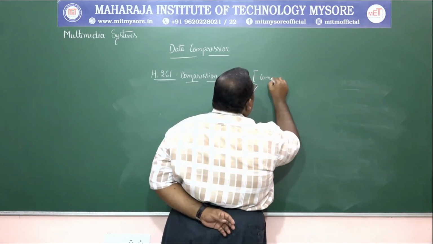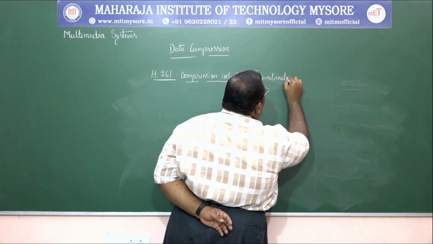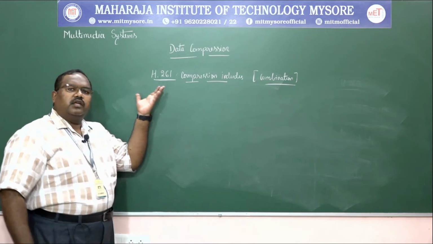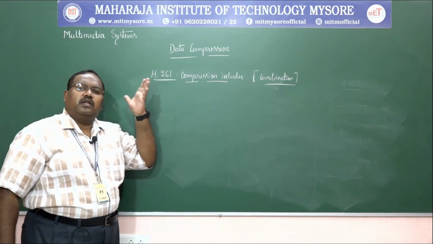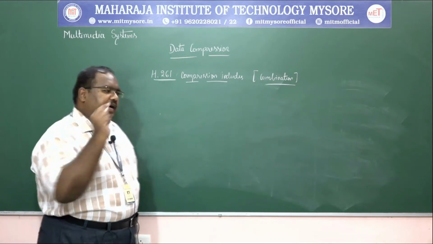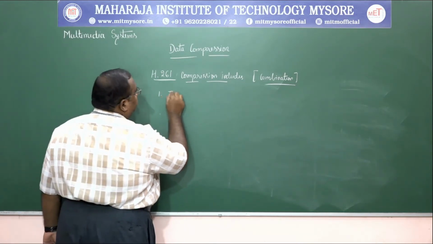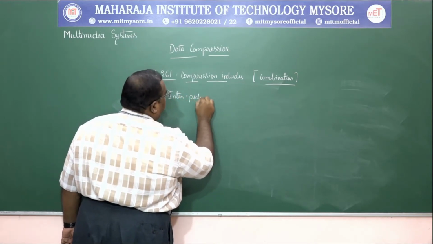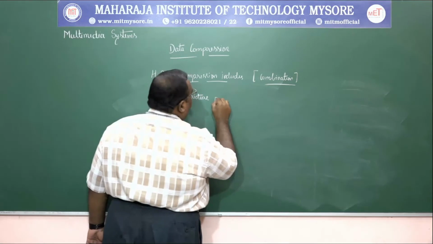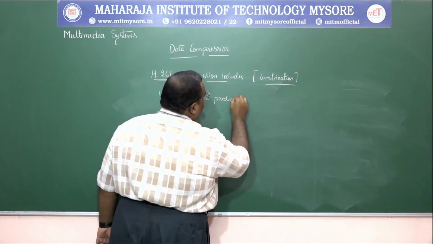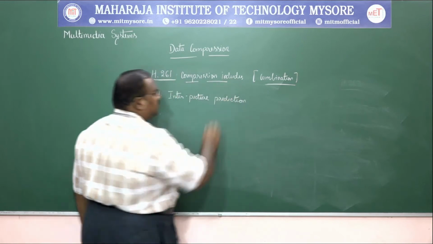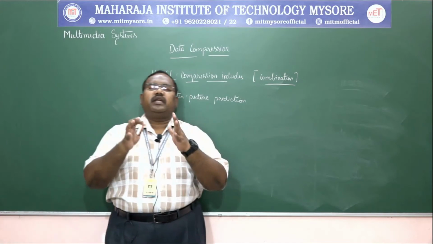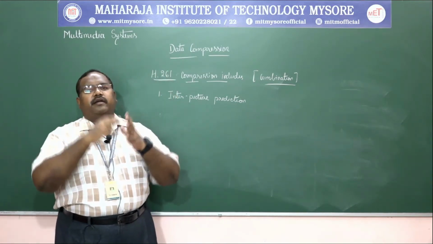I'll write it in brackets, combination. What combination is directly used with respect to H.261? The first one is inter-picture prediction. When we talk about inter-picture prediction, here we remove the temporal redundancy.